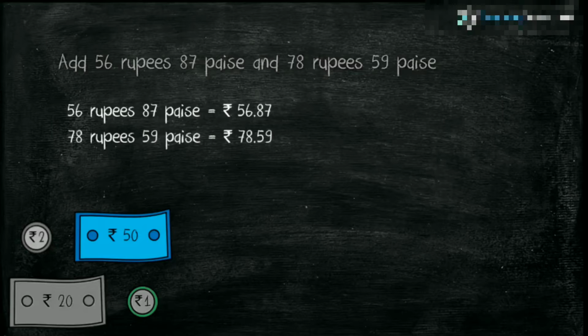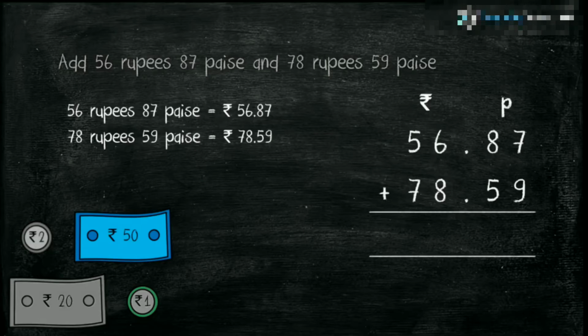Similarly, 78 rupees 59 paise can be written as rupees 78.59. Now, let's add them. Write paise under paise column and rupees under rupee column such that decimal point should be below each other.